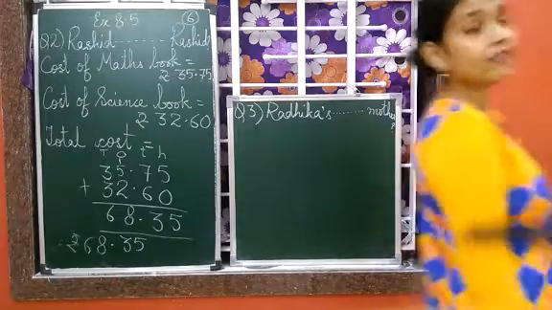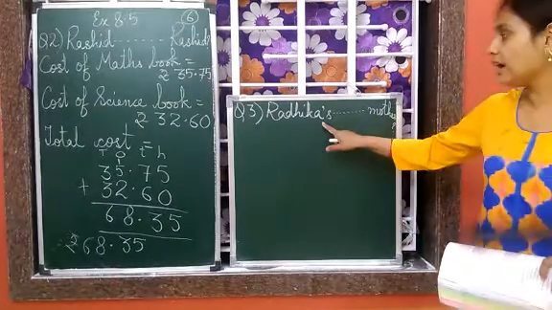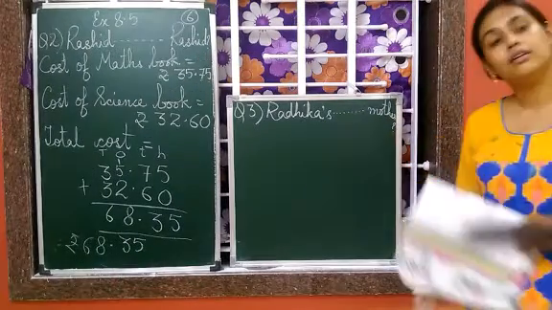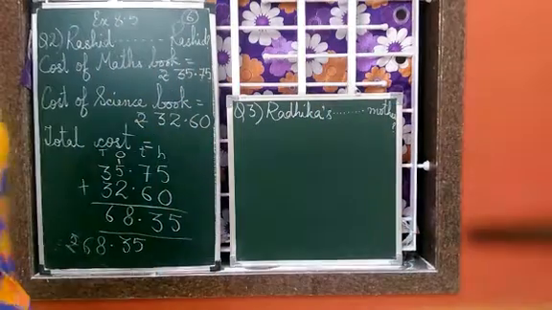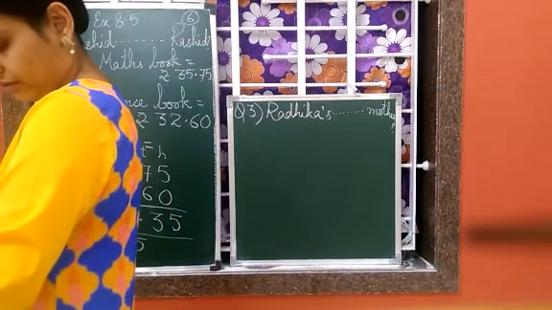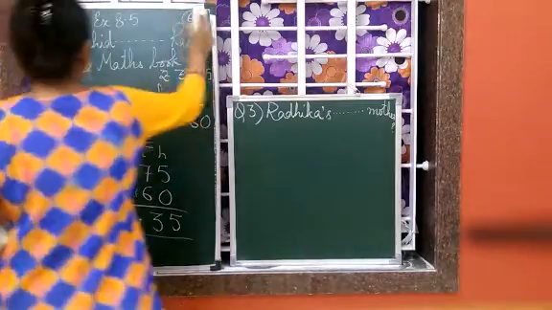Radhika's mother gave her rupees 10.50. So Radhika is getting some money from her mama, okay. How much? Rupees 10 point. Where is the number? 10.50.